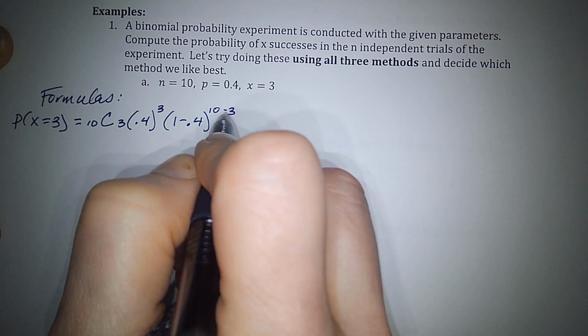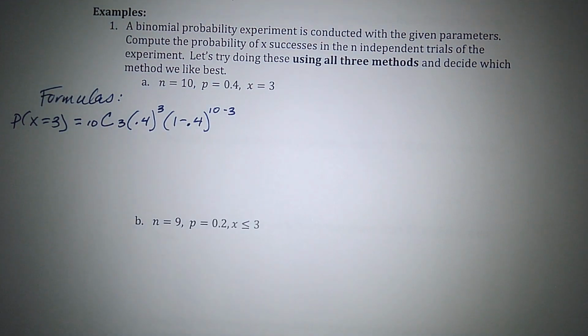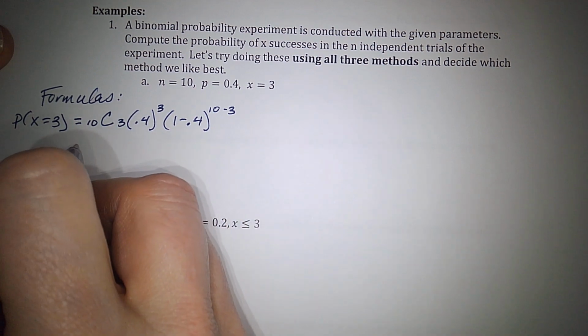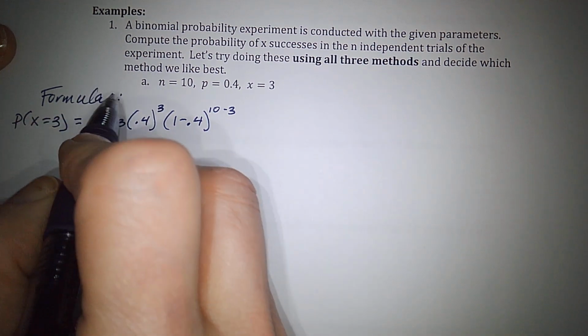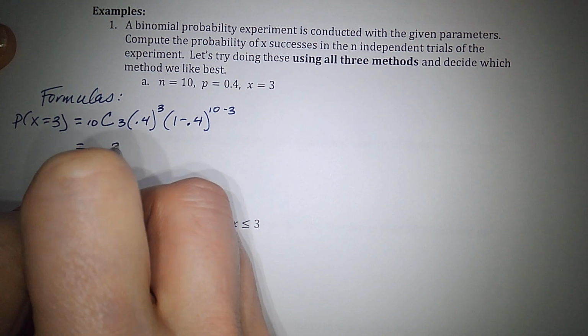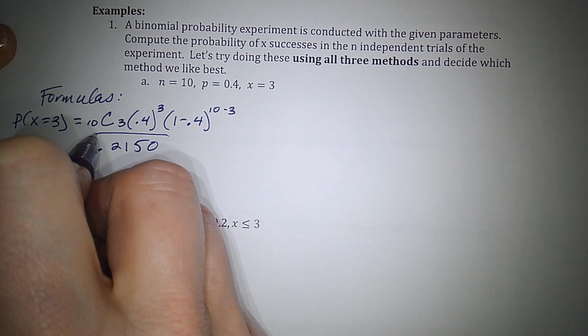In other words, I want 7 failures total. I would put all of this into my calculator, and you're going to get a value of 0.2150.